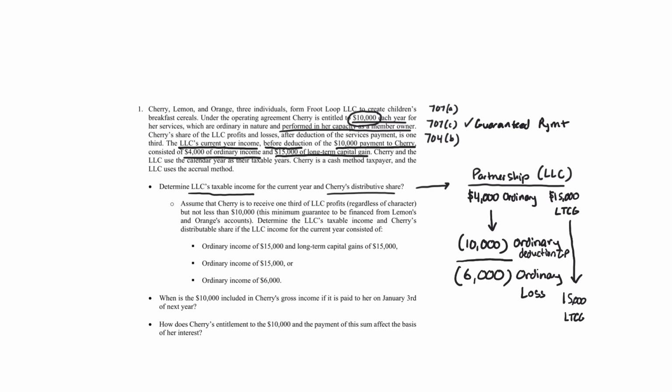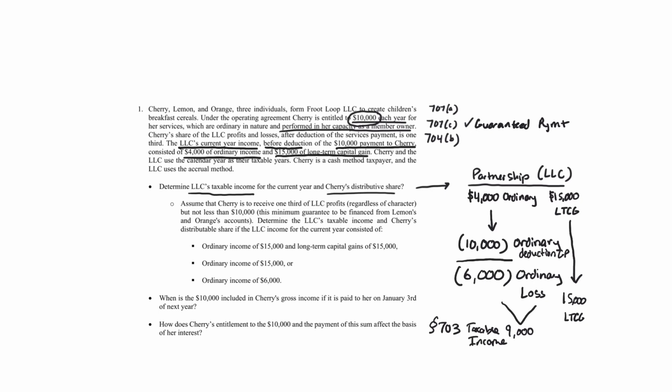So under Section 703, which is where we determine the partnership taxable income, we are able to net these numbers. We're able to net the $15,000 and the $6,000 as a $9,000 partnership taxable income. But for purposes of Schedule K and the K1 to the owners, we break that up. We had to break up the $6,000 ordinary loss, the $15,000 long-term capital gain.